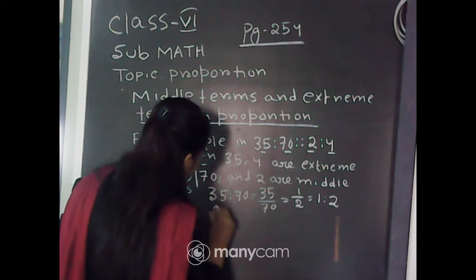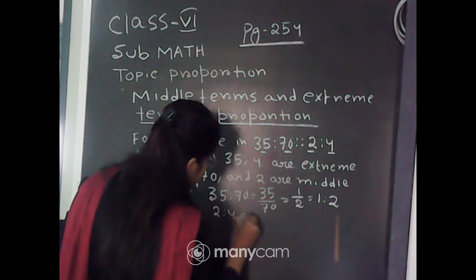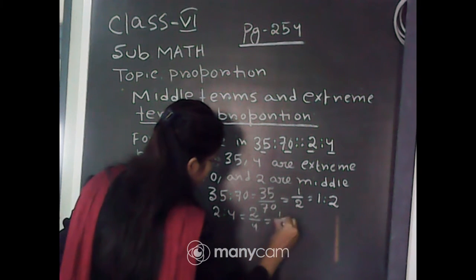Again 2:4 is equal to 2 divided by 4, that is half.